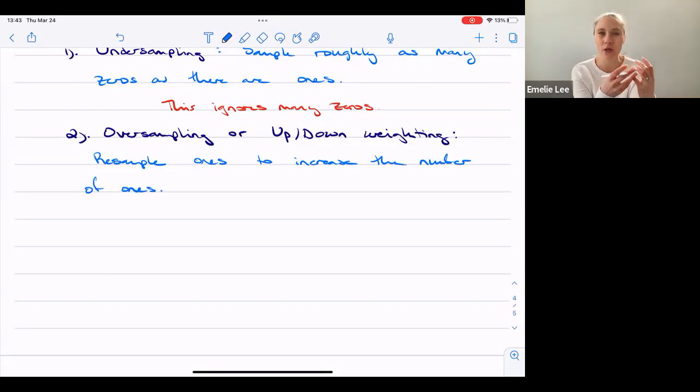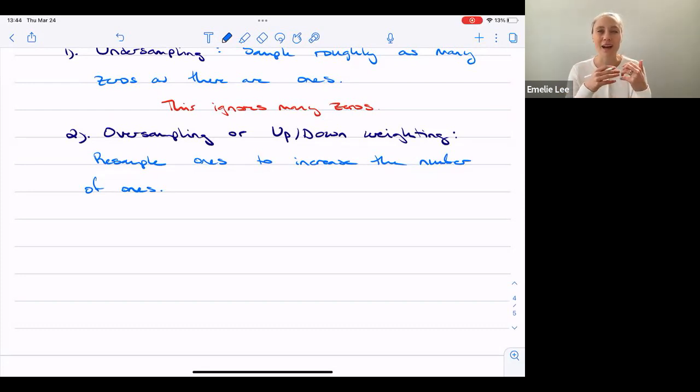So any zeros are only worth 1, whereas any ones is going to be magnified by however rare it is, right? And so you use 1 over p, where p is how many ones I have in my total sample. If I take 1 over a small number, it becomes a large number.